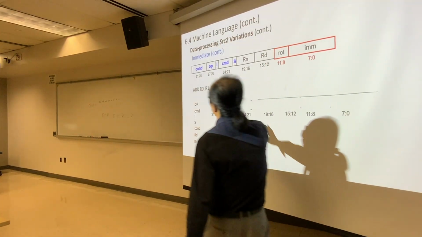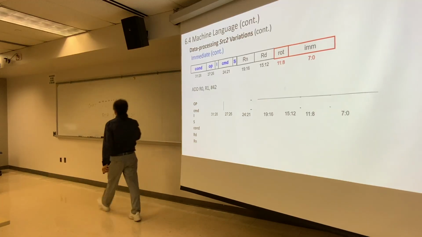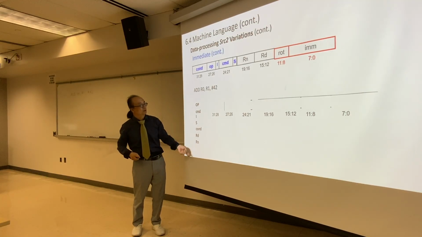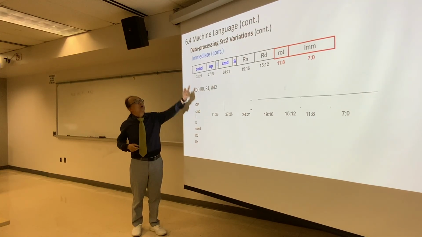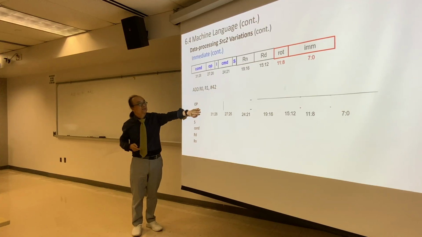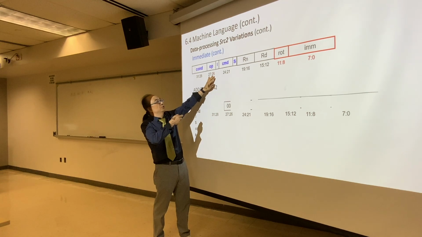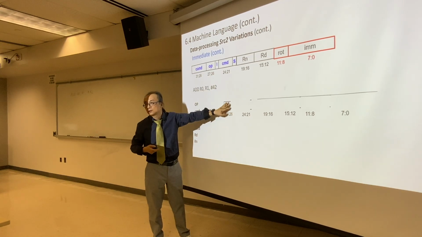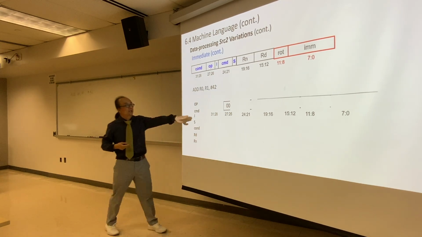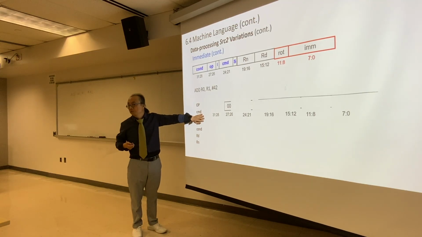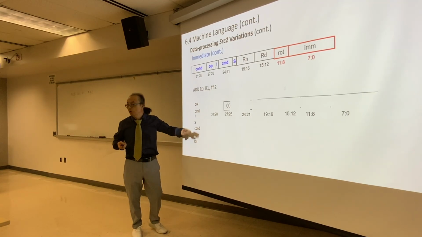Let's do this. Copy this down. So let's do the first one. We'll go through this sequence. The opcode for data processing, what is it? 00, and that is bits 27 to 26 right there. That's the opcode. And then CMD. What is CMD for add? 0100.